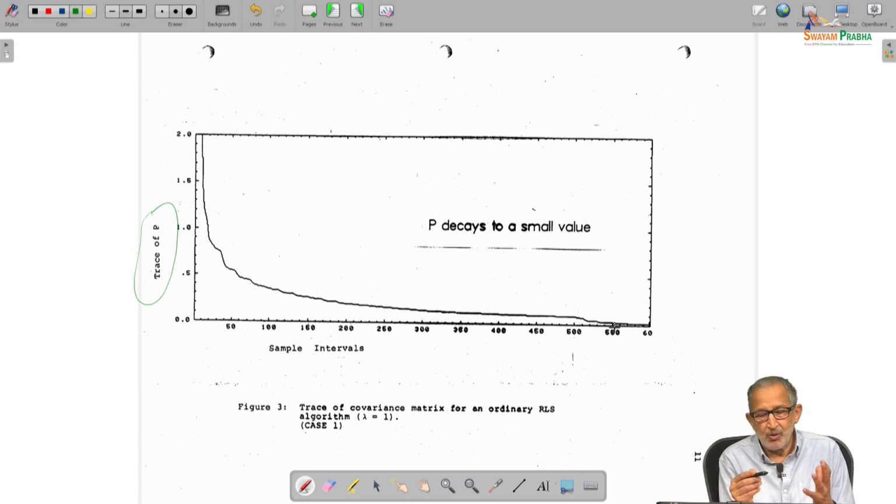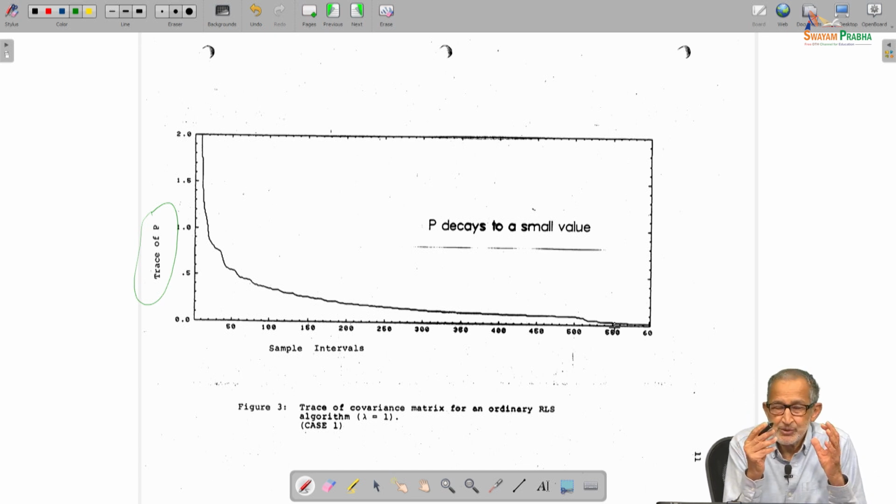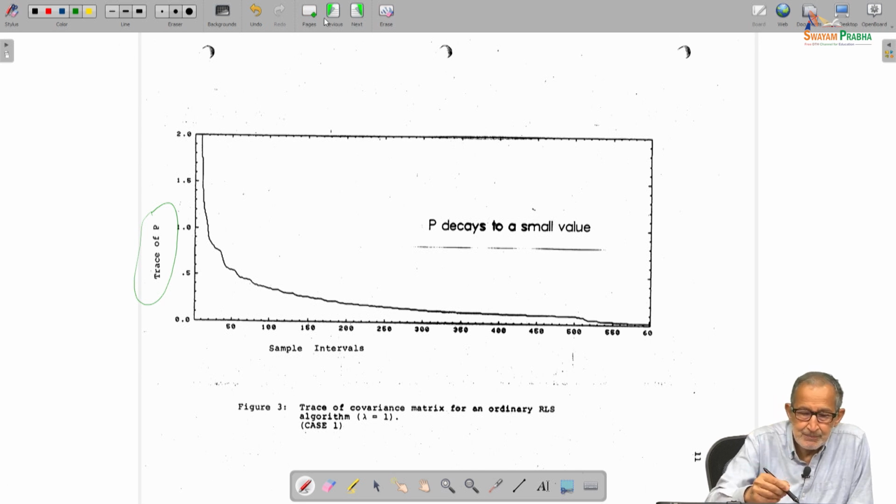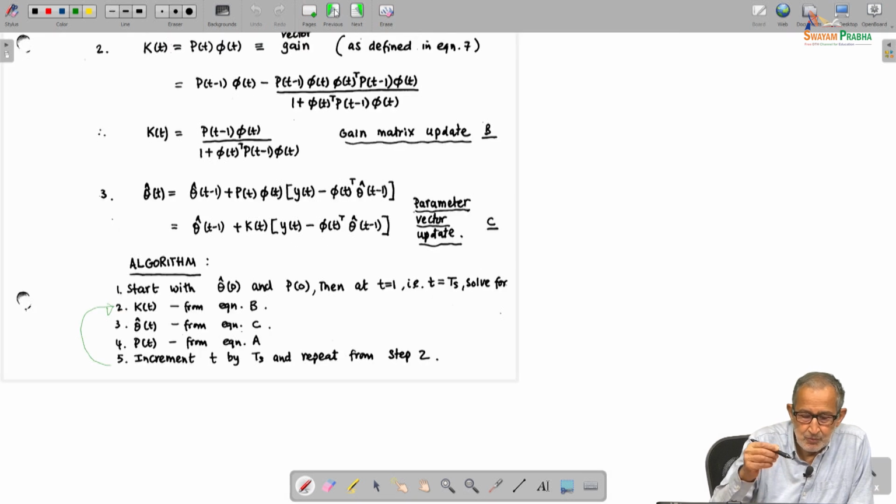And because P decays to a small value, remember the algorithm has this gain K, and this gain K is P times phi. So if P becomes very small, the gain becomes very, very small.